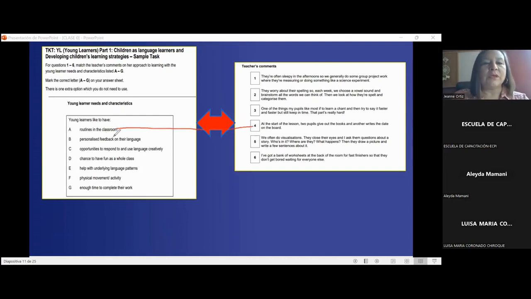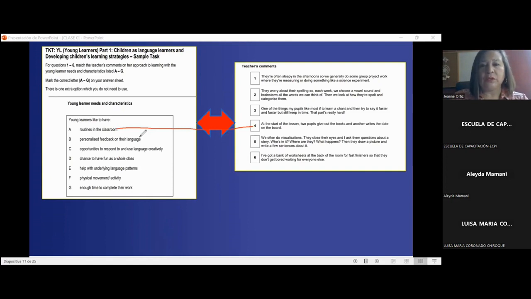What about personalized feedback on their language? There is one extra option. In my opinion, it is number 5.